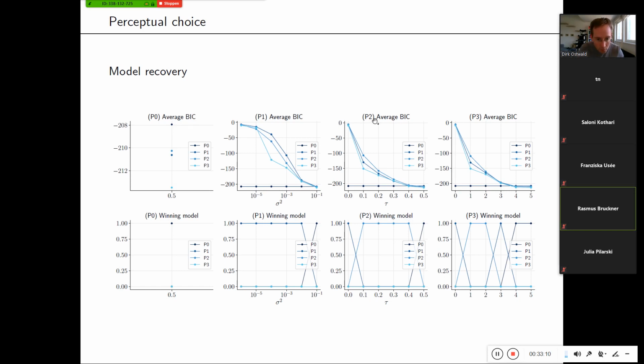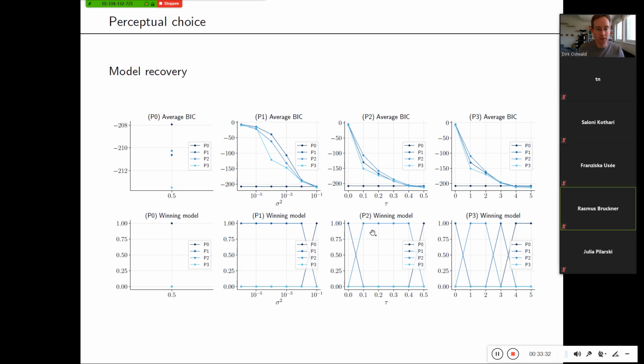For P2, what do we see? We see that P2 actually wins. But P2 can also be emulated quite easily by P3.